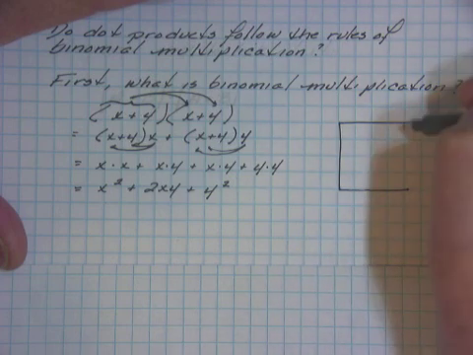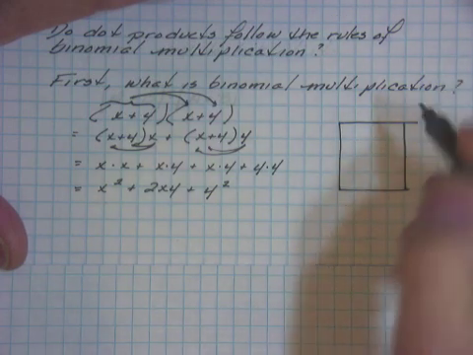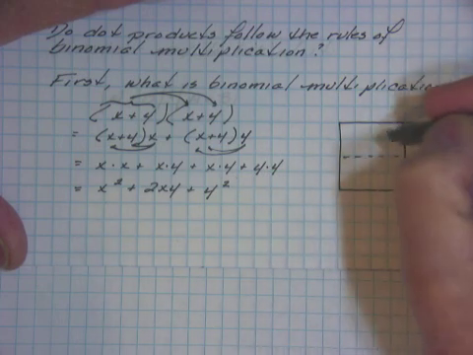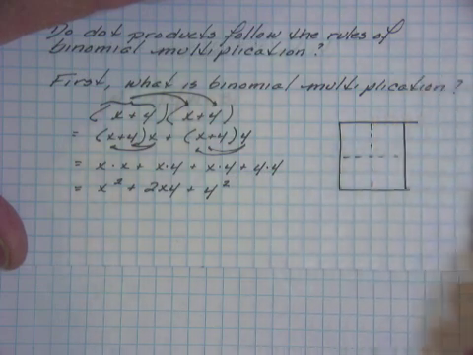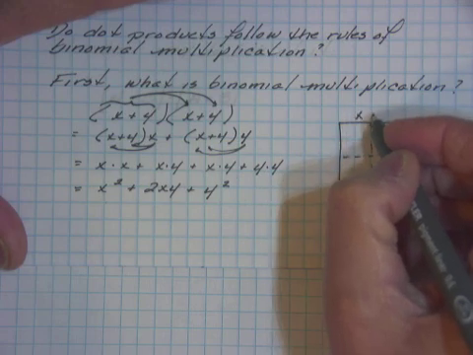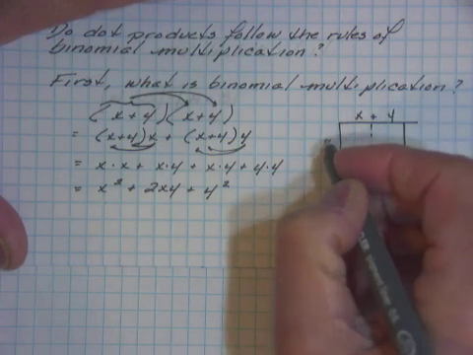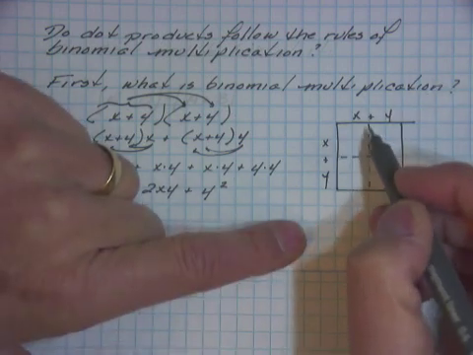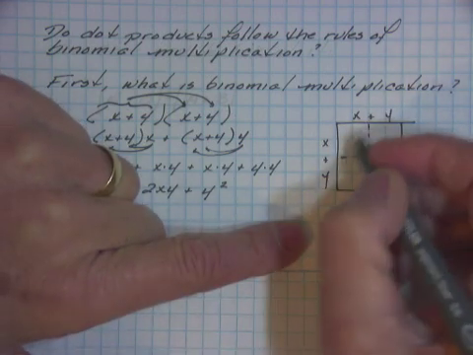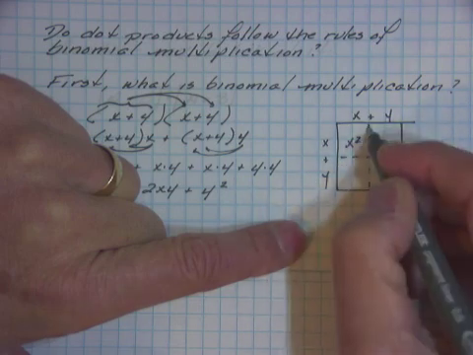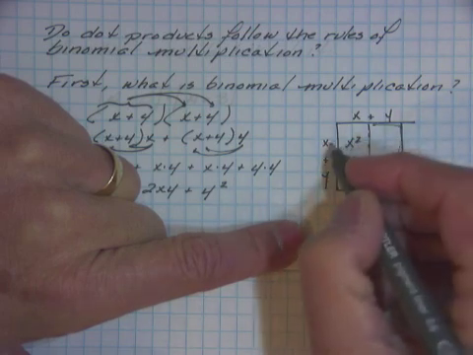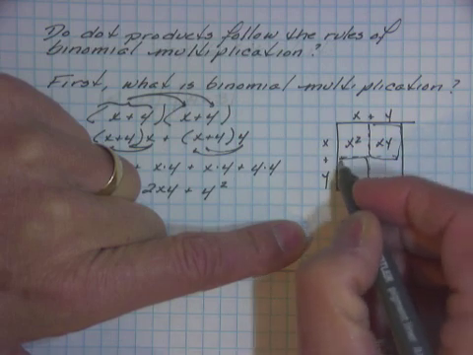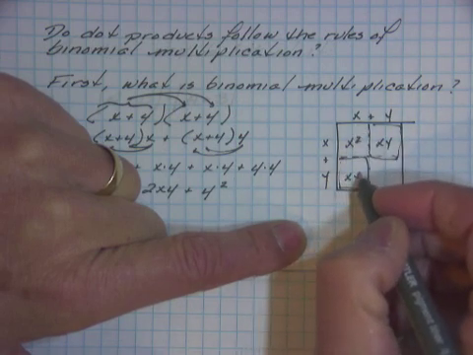Now, on the side, there's also something known as the area model. So I'm going to draw a square here. Oh, that was terribly done, but okay, bear with me. And I'm going to divide it up into 4 boxes, okay? And I have x plus y here and x plus y there. Now, the area of this square is x by x, or x squared.